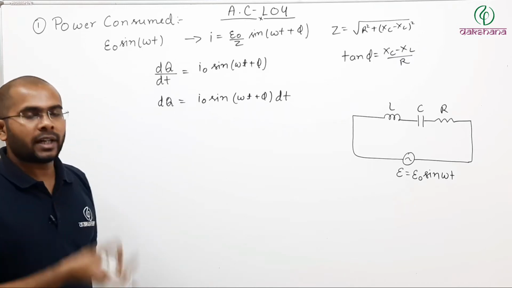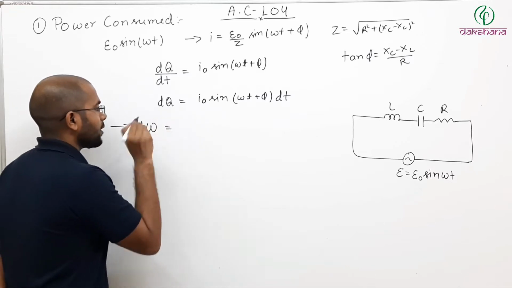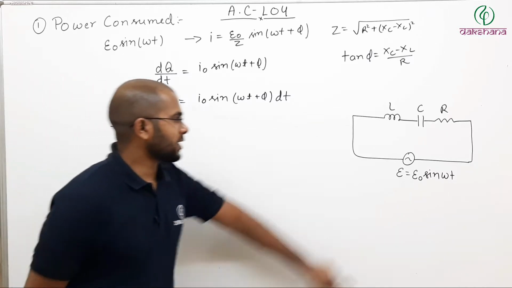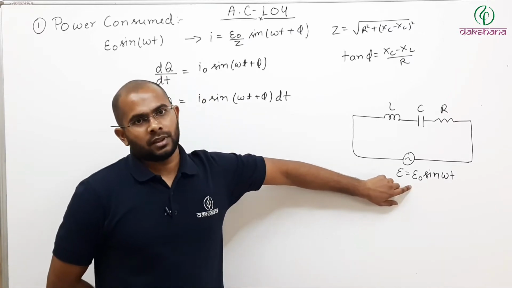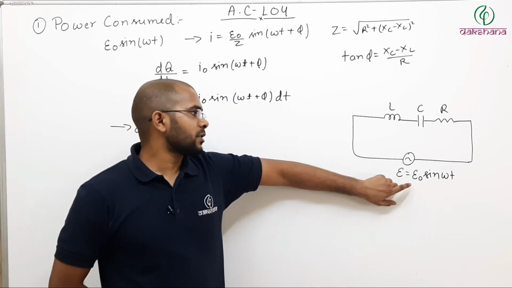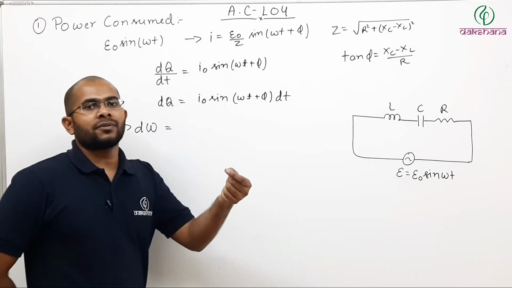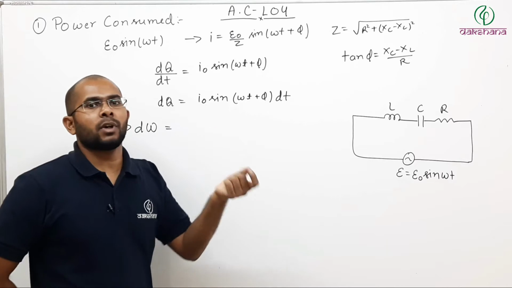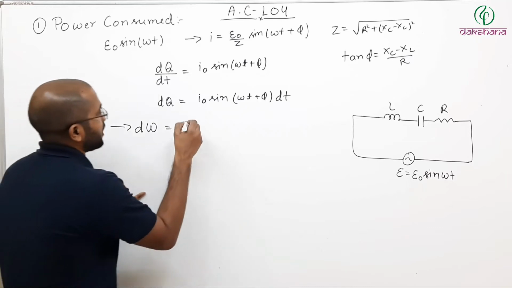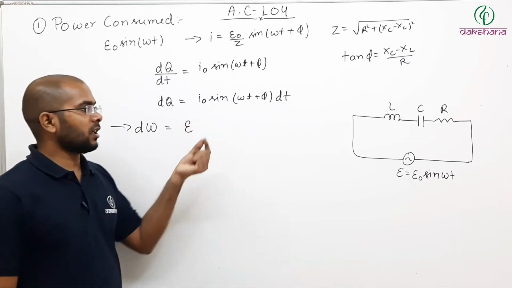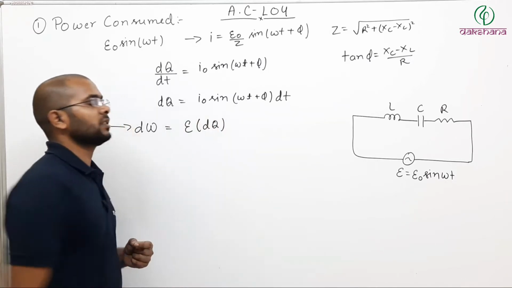Now if you want to know the work done by the AC power source, let us write dW. If the EMF of the AC power source is E equals E naught sine omega t, then the work done is the EMF of the source times the charge flown through the source.